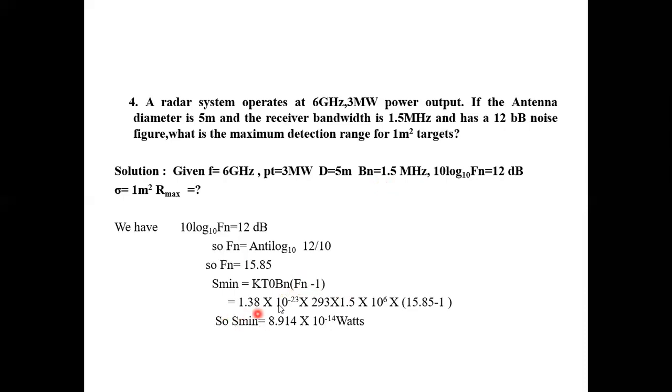The overall Smin can be calculated after substituting all the values. The value of Boltzmann constant is 1.38 into 10 to the power of minus 23, into the T naught value, that is the temperature, 293 degrees, into 1.5 into 10 power 6, into 15.85.